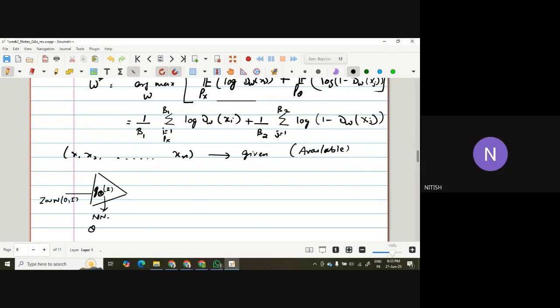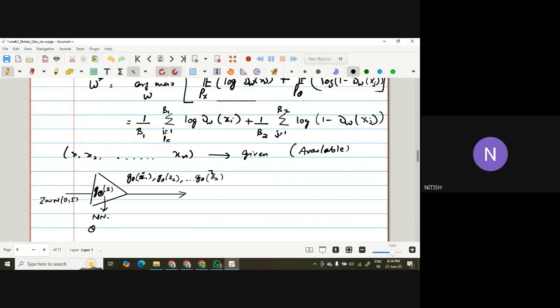Weights are randomly initialized. So from here now I will get g theta z1, g theta z2, up to g theta of z beta 2.